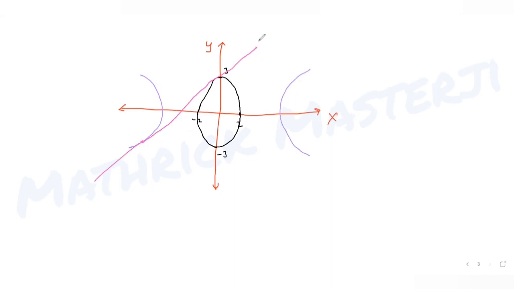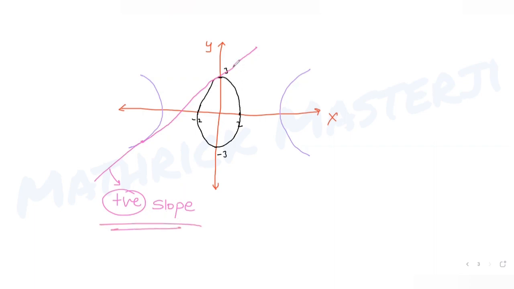And this line basically has a positive slope. How do I understand it as a positive slope? While moving to the right, my line is going up. That represents an ascending line, and an ascending line always has a positive slope.